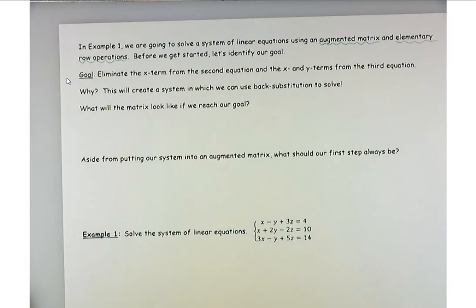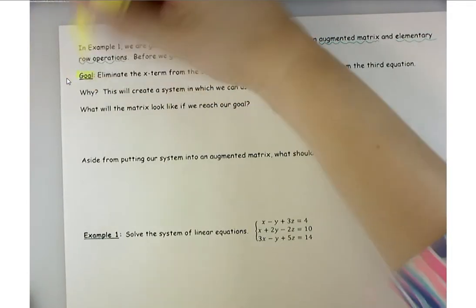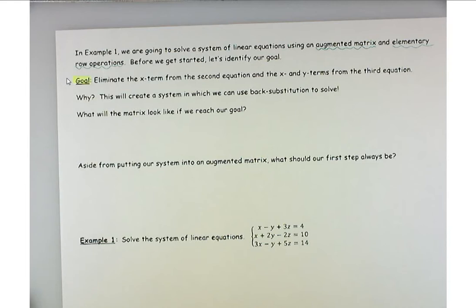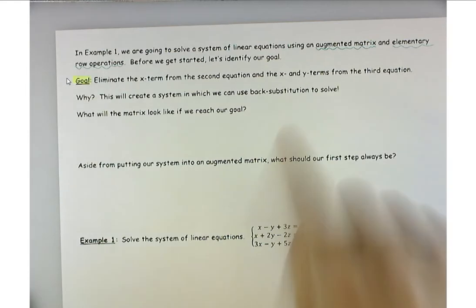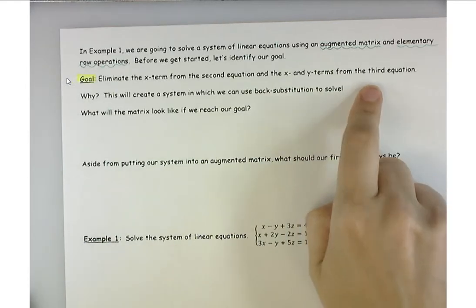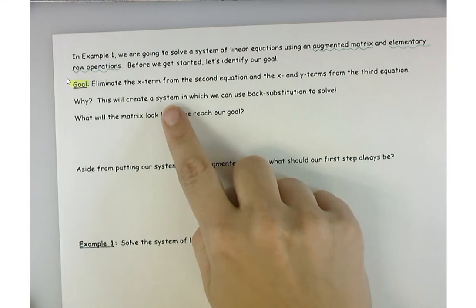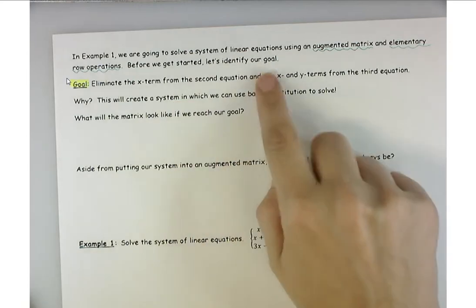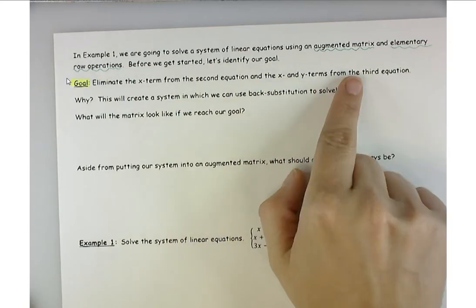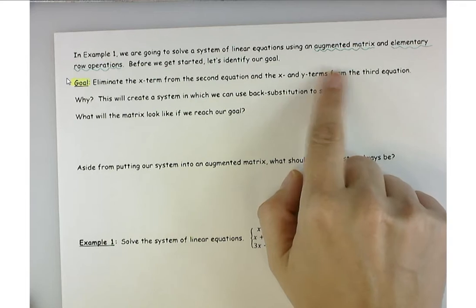Okay, so our goal is to eliminate the x term from the second equation and the x and the y terms from the third equation. Isn't that our exact steps from strategy 1 from yesterday? For step 1, it was eliminate x from the second equation. And then step 2 was eliminate x from the third equation. Step 3 was eliminate y from the third equation.